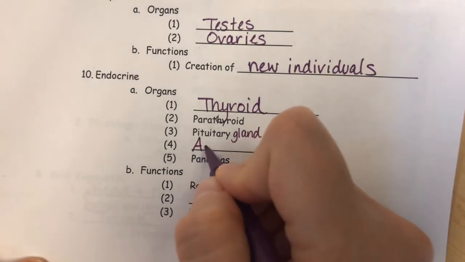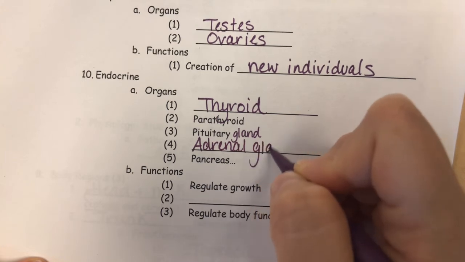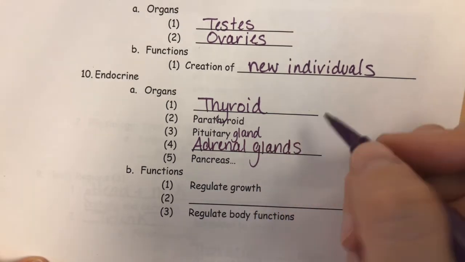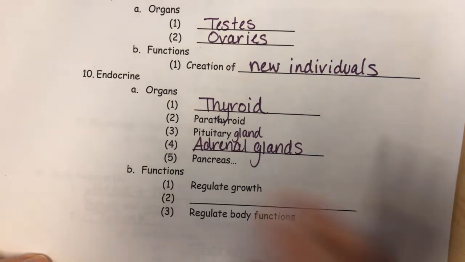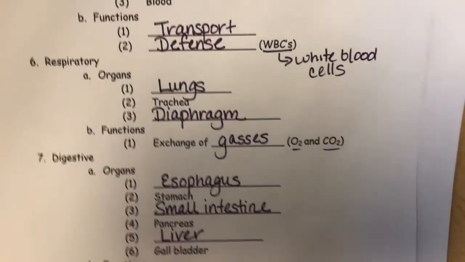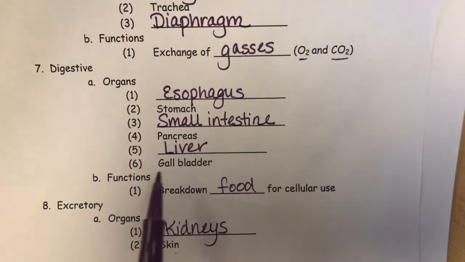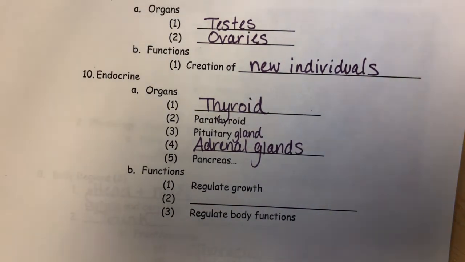Your adrenal glands. And we'll talk about these when we do the endocrine system. Your pancreas. Notice pancreas is part of the endocrine system, but it's also part of the digestive system. So here's your pancreas. It's part of both of those, so it has a dual function.